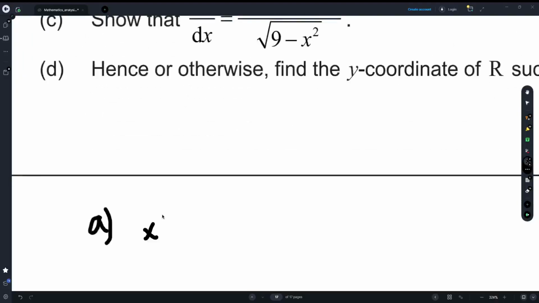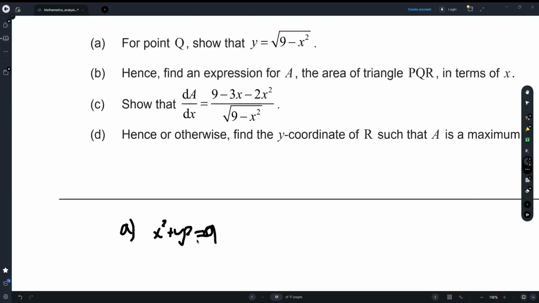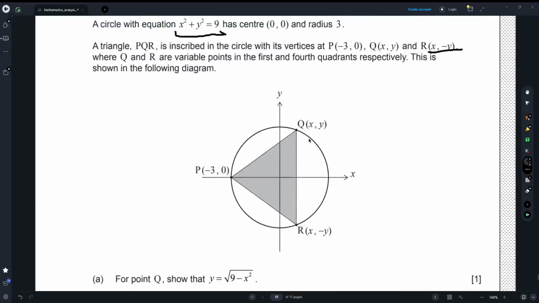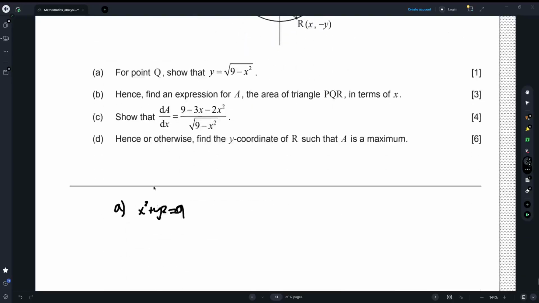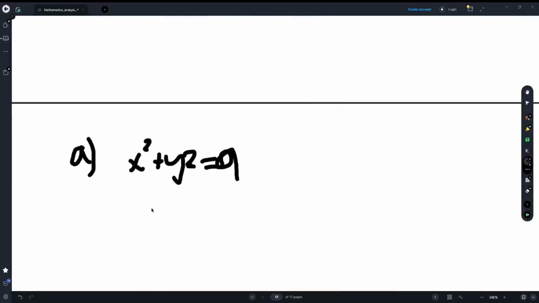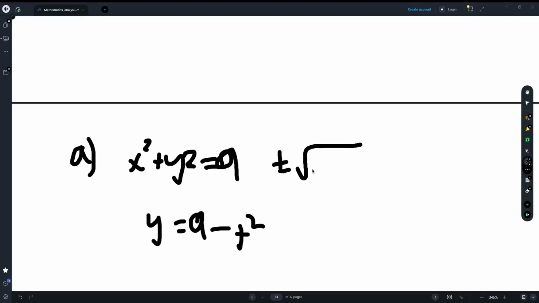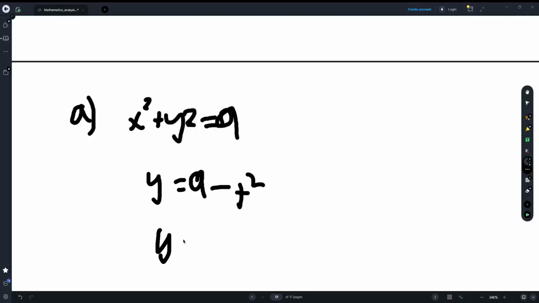So x squared plus y squared equals 9. And we know that x and y are both positive for Q here, as seen here. So we can just solve for y, 9 minus x squared. Typically the function would be plus or minus root something, but in this case we just have the positive value, so y equals root of 9 minus x squared.